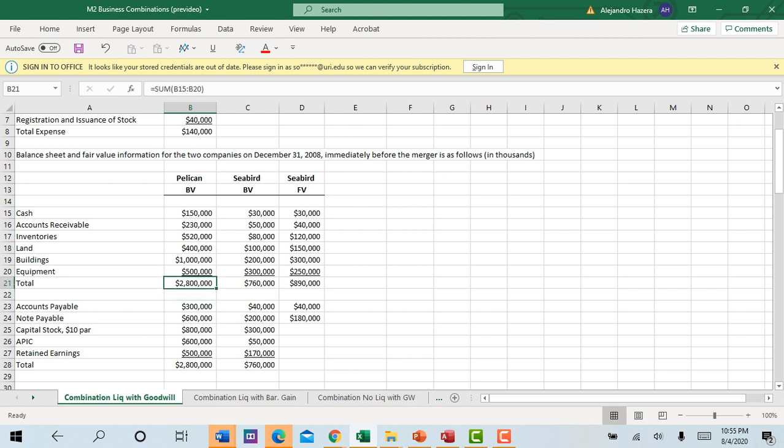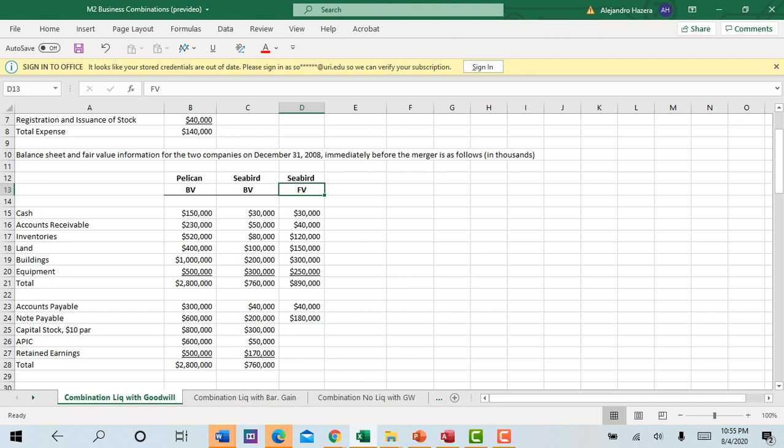So you've got a balance sheet of 2.8 million versus 760,000 for Seabird. But notice that you've got three balance sheets. One for the parent, that's book value. BV is equal to book value. So you've got a book value balance sheet for the parent, a book value balance sheet for the sub, Seabird, and then you've got a fair value balance sheet for the sub.